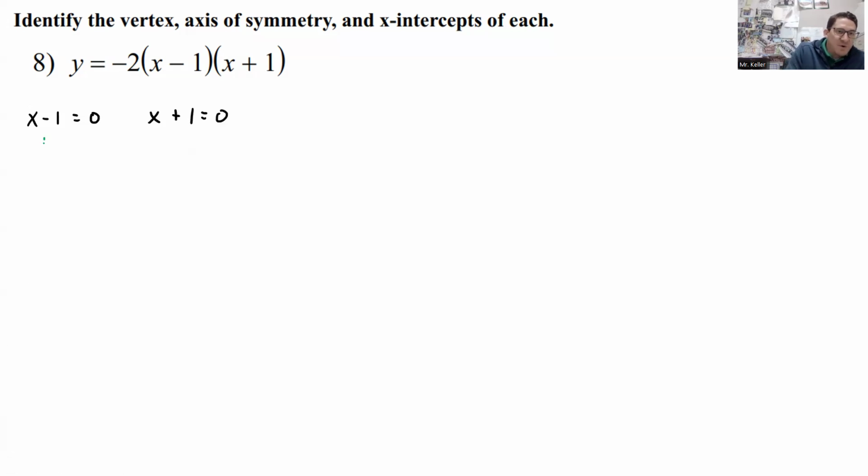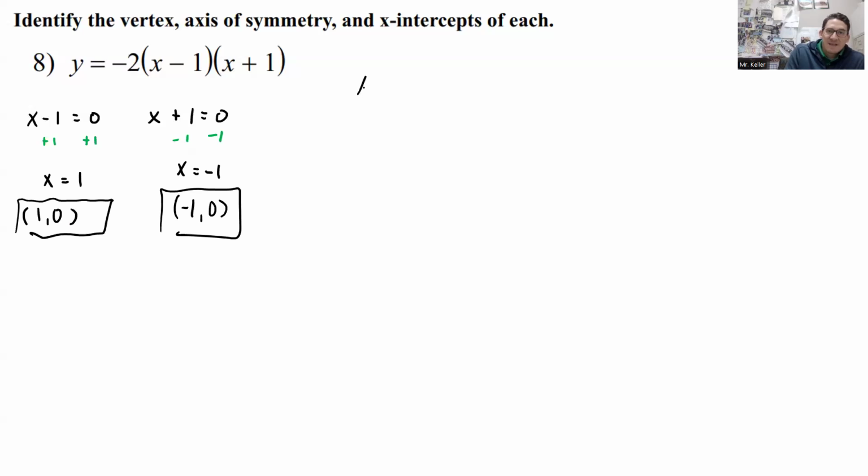To solve this one, I add 1 to both sides. To solve this one, I subtract 1 from both sides. Over here, I get x is equal to +1. Over here, I get x is equal to -1. So the x-intercept on this one is going to be 1, 0, and on this one it's going to be -1, 0.